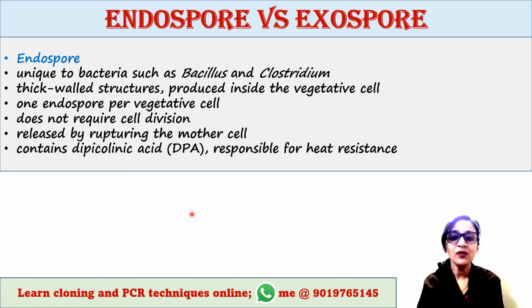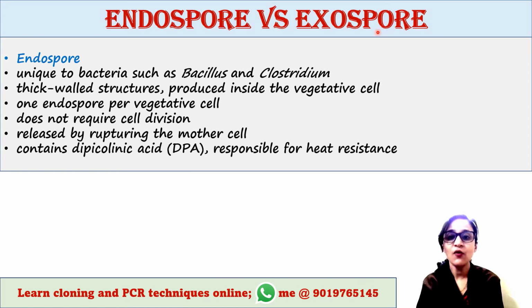Now let's talk about the endospore. So these structures are unique to bacteria such as Bacillus and Clostridium. So endospores are mainly formed in bacterial cells. These are thick-walled structures and these are produced inside the vegetative cell.